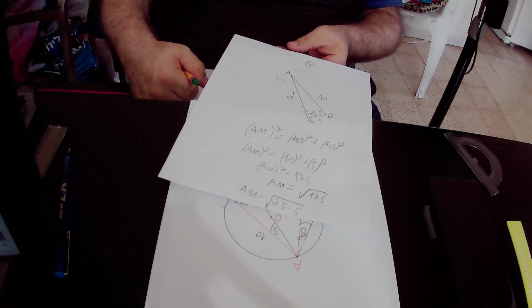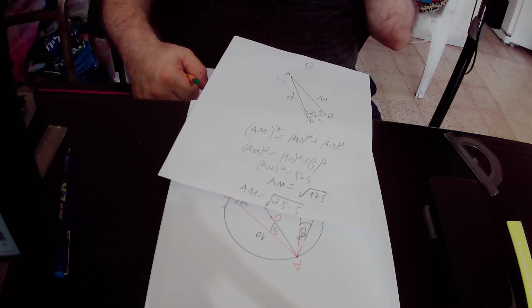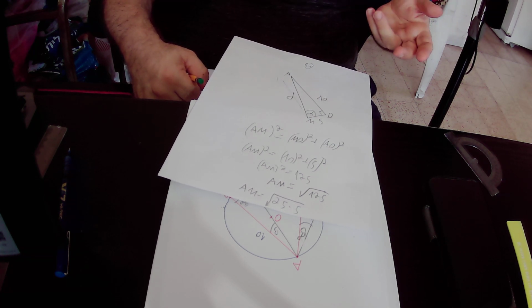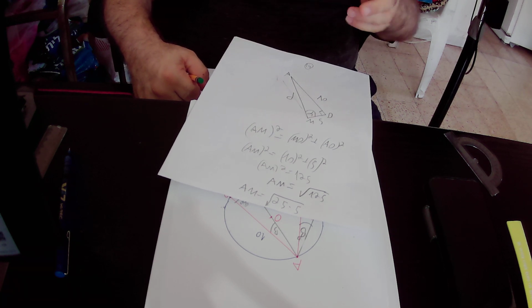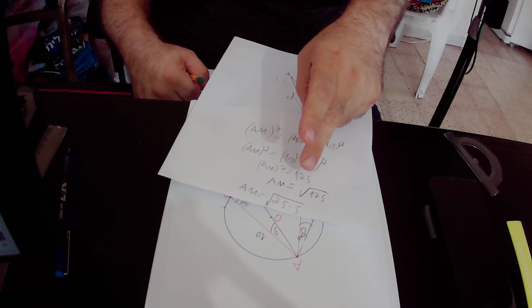And then, as you already know, the square root of a times b equals the square root of a times the square root of b, yes? So we can split this root into 2 roots.